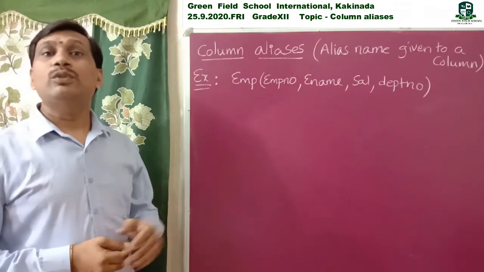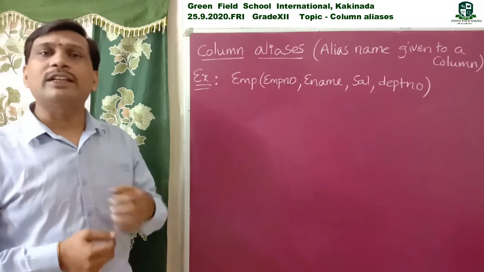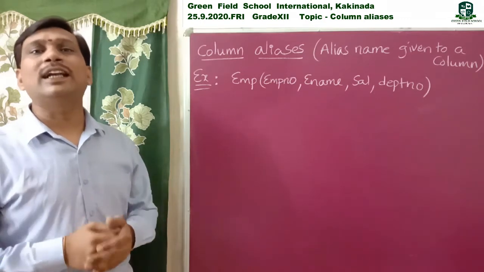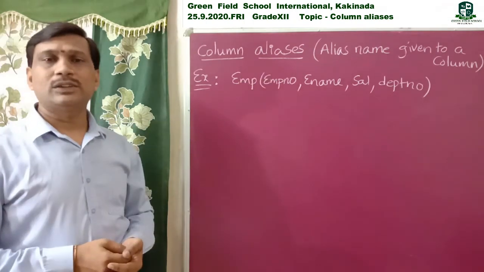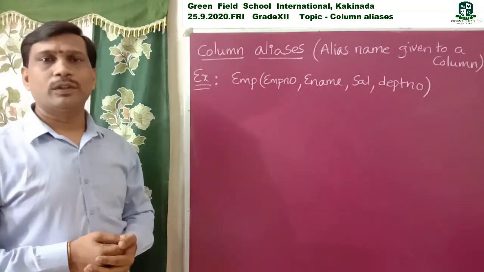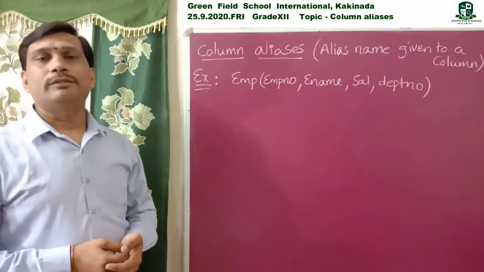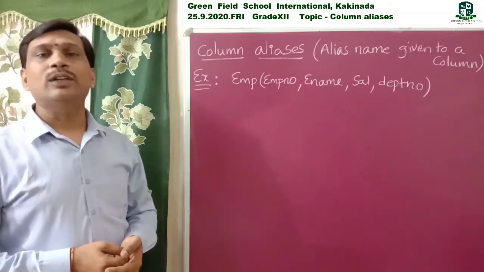But here we specify names according to our requirement. We change the column names. That is column aliases. We give our own name for that column when displaying the data of the query.